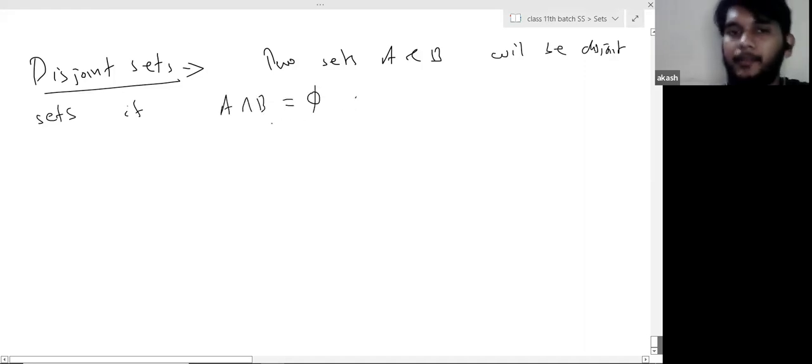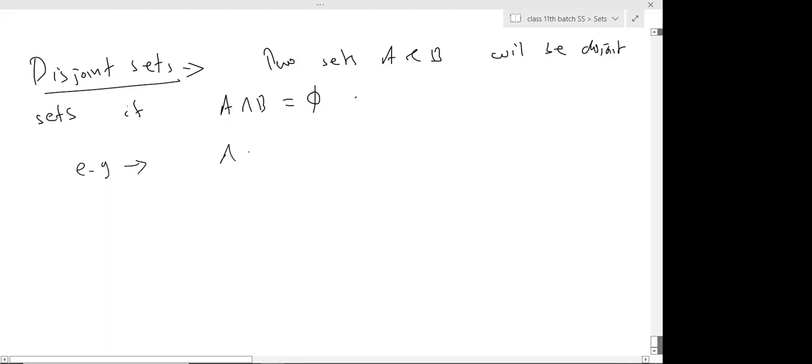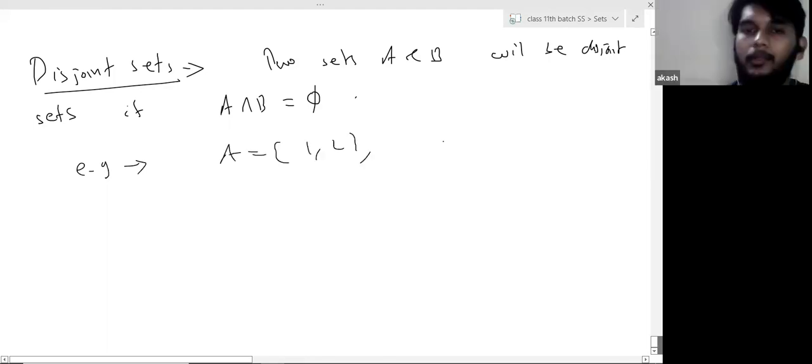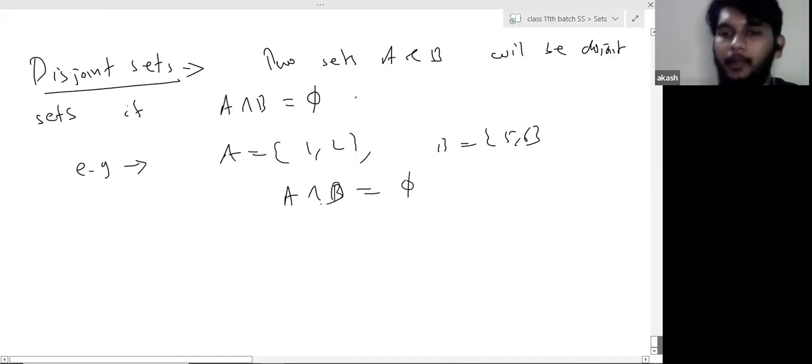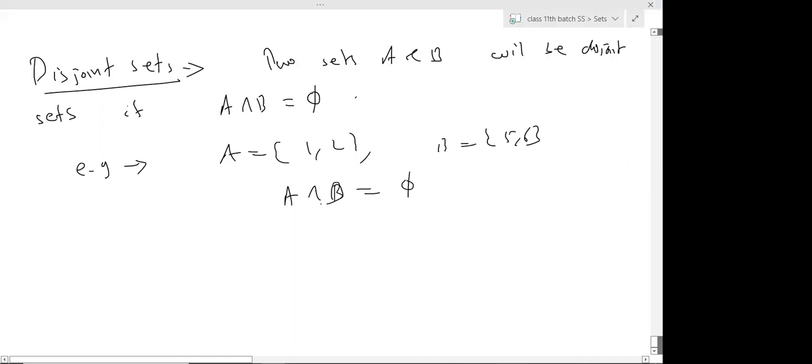All right, this is that easy. If the intersection is phi, then they will be called disjoint sets. For example, A is 1, 2, and B is 5, 6. So A intersection B is phi. These are disjoint sets. All right. Note it down.